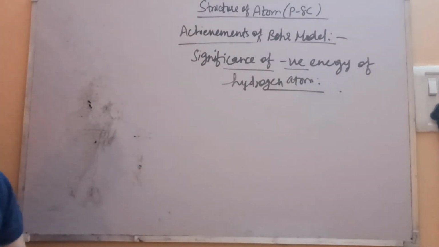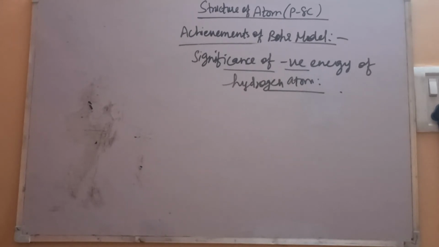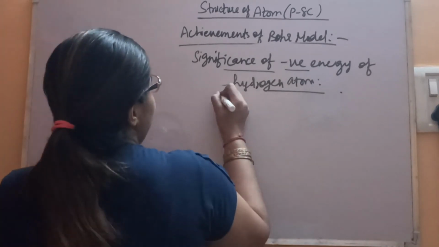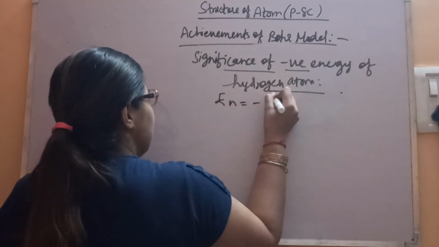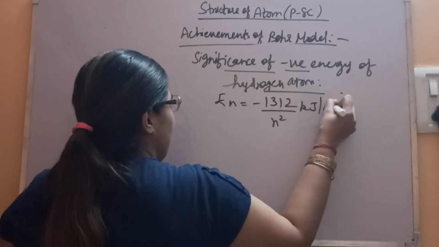Now let's consider its significance. So, in the expression that we have got, En is minus 1312/n² kilojoules per mole.